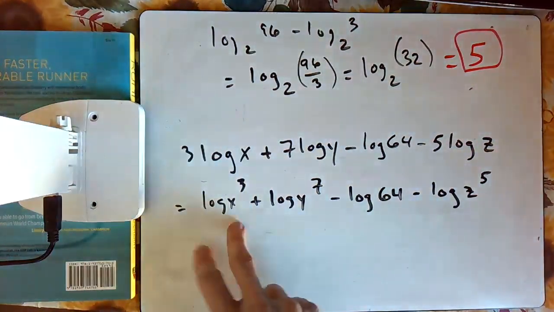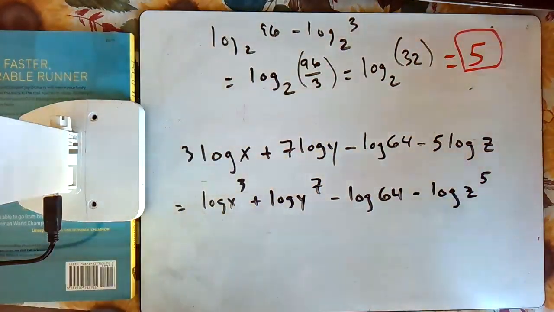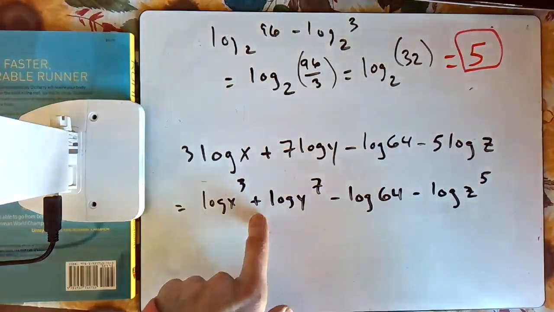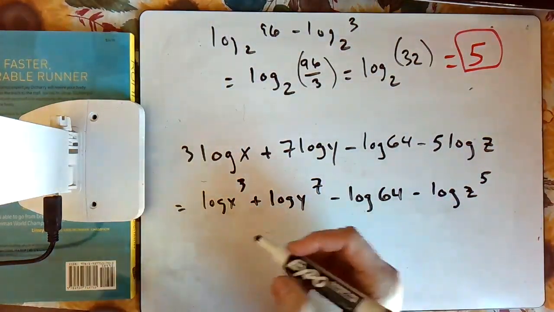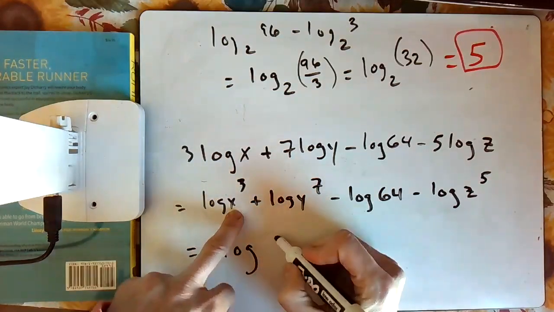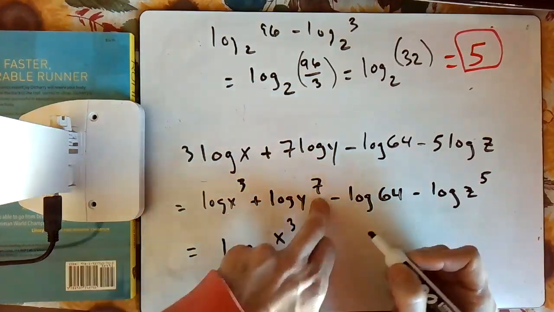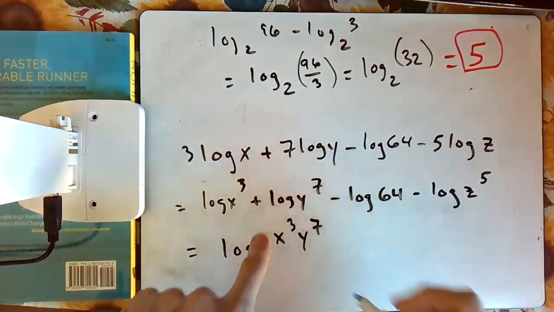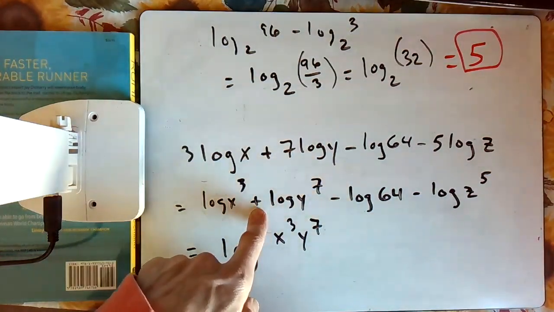Now we're going to go from left to right and finish up the remainder of the condensing. So remember, addition, how did you condense those? You would do it by multiplication. So this is log of x cubed times y to the 7th. Why are we multiplying? Because they were separated by addition.